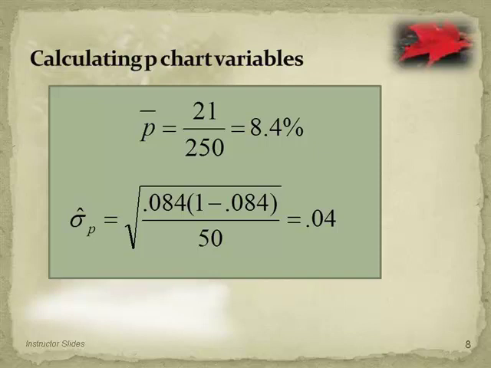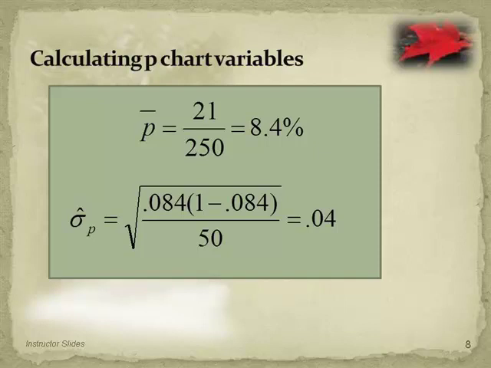And then the total number of observations over that same time period: there were 50 steaks observed each day over 5 days, so there were a total of 250 observations in that week. So P bar is 8.4%. Now that I have P bar, I can calculate what the standard deviation is for p.